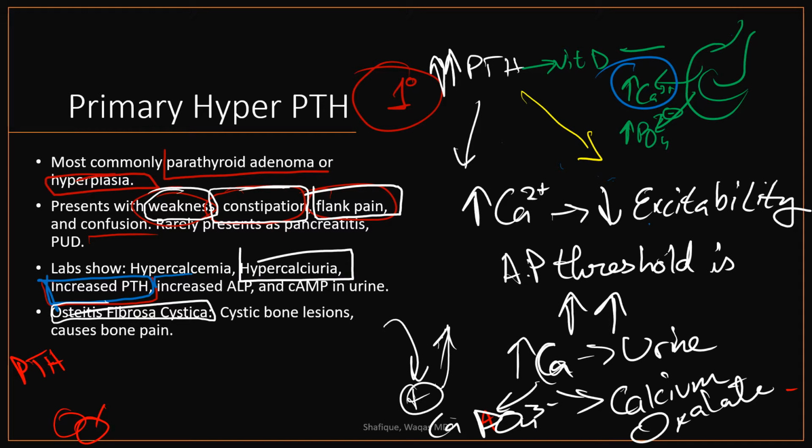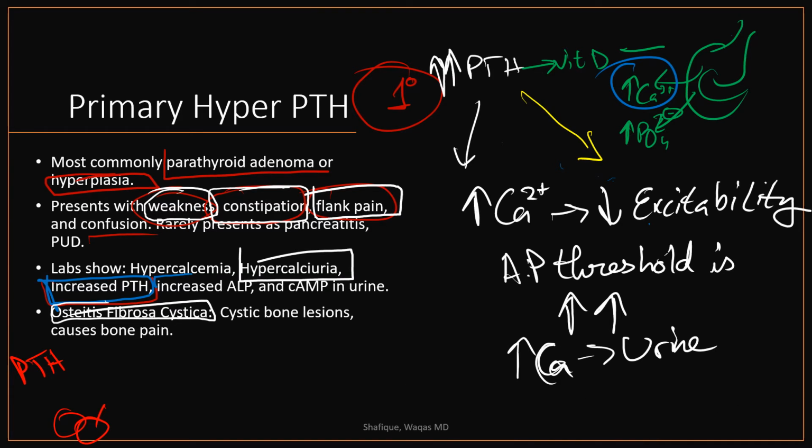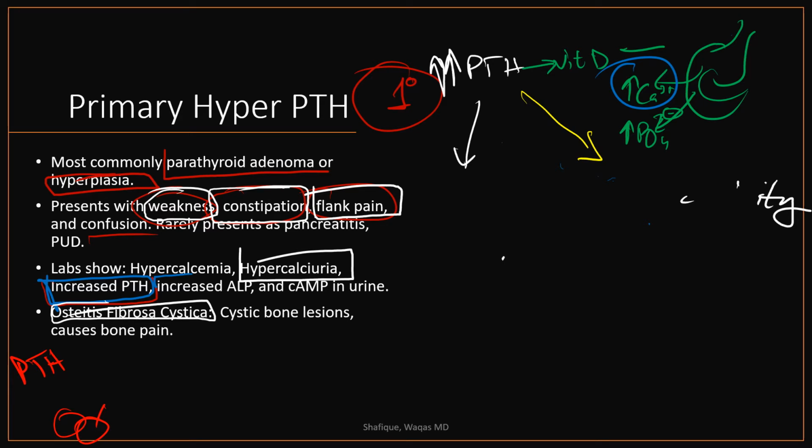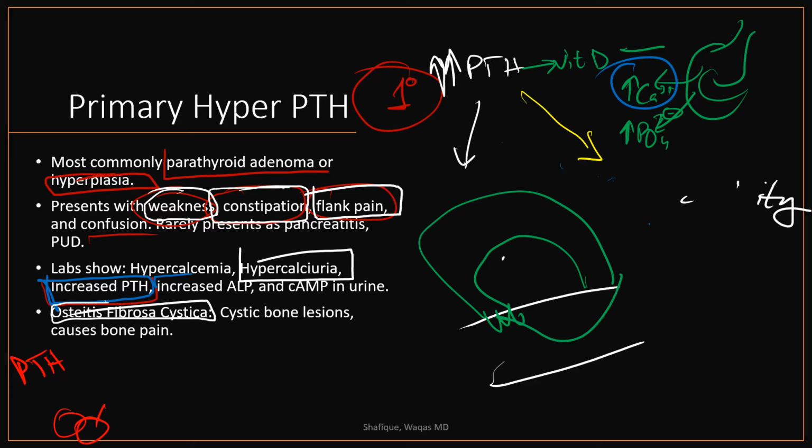Well, when you have increased PTH, what happens to your osteoclast? You have increased activity of osteoclasts, right? And how do osteoclasts work? Well, if you have the bone here, the osteoclast comes and sits on the bone and forms this vacuum around the bone and secretes these digestive enzymes and reabsorbs calcium and phosphate.